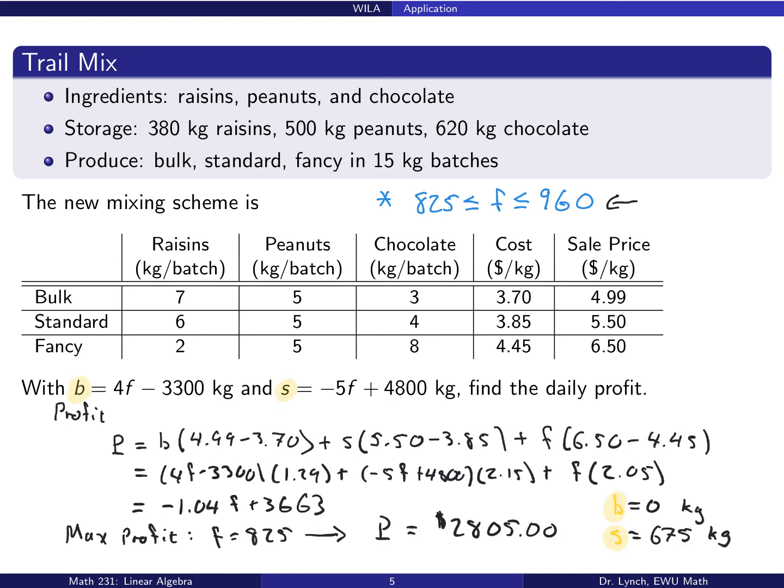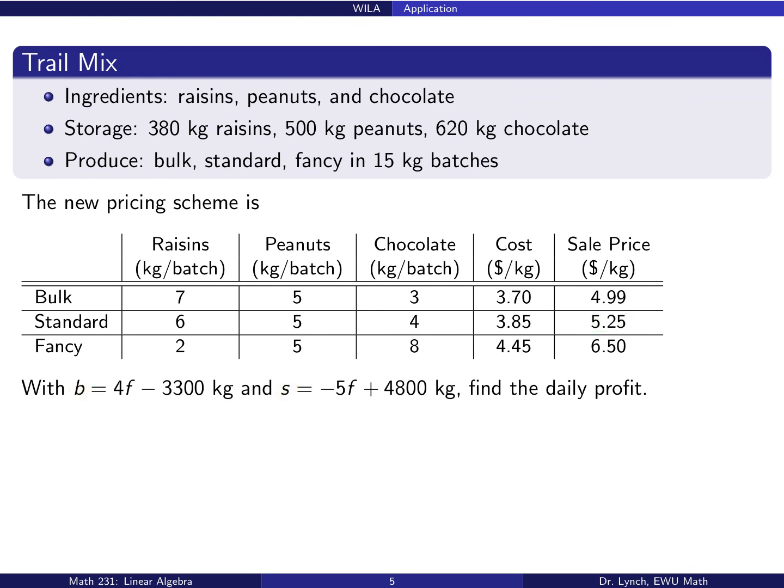And we find those amounts of bulk and standard just by substituting this amount of fancy, 825, into those equations for bulk and standard. Now, one thing we could consider is changing the pricing scheme. And here we'll change the sale price of standard from $5.50 to a different number. We'll change that number to $5.25.